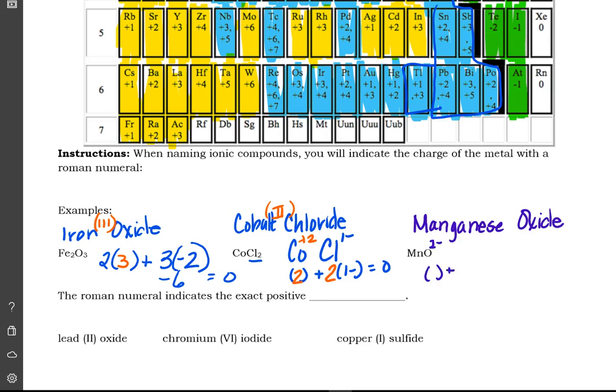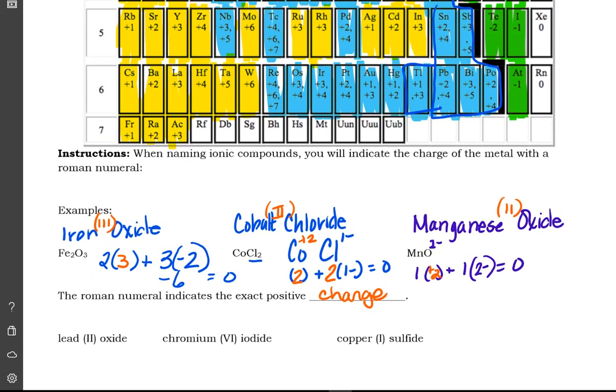We know that there's only one oxygen there. We know there's only one manganese there, for that matter. And oxygen is a -2. So what does the charge on manganese have to be? He has to be a +2. So this guy's name is manganese 2 oxide. The Roman numeral indicates the exact positive charge.